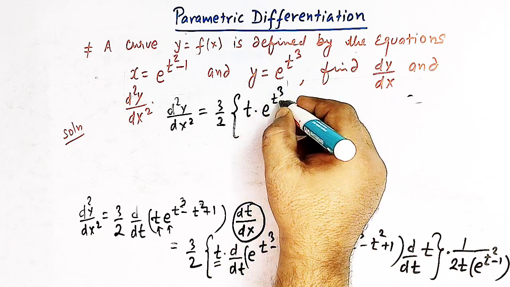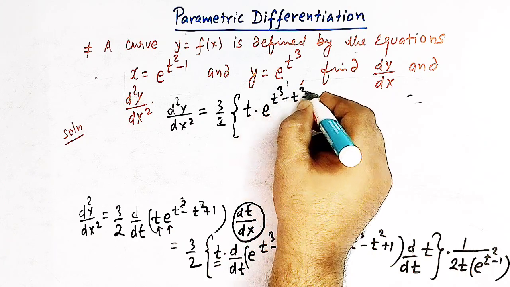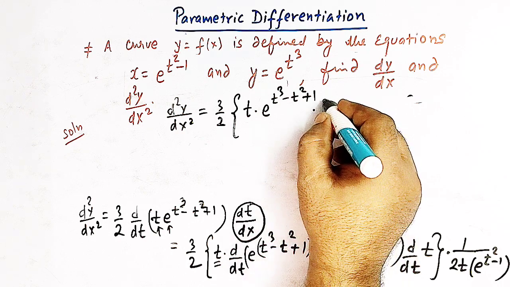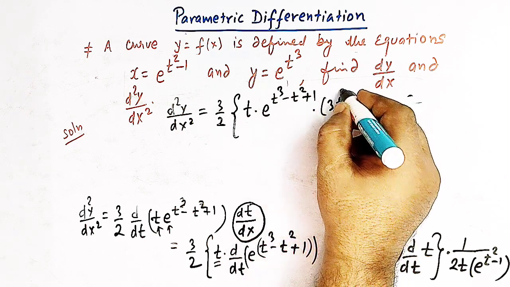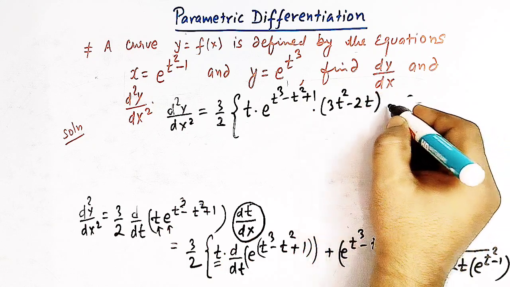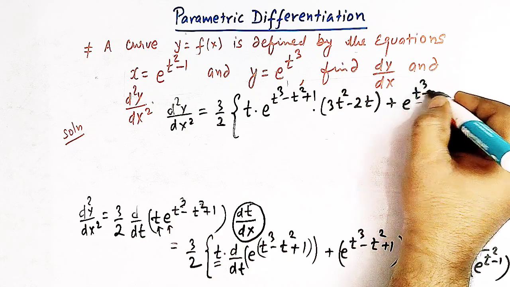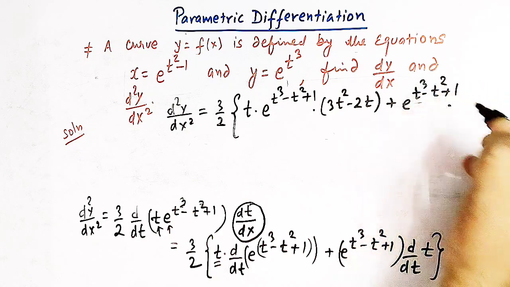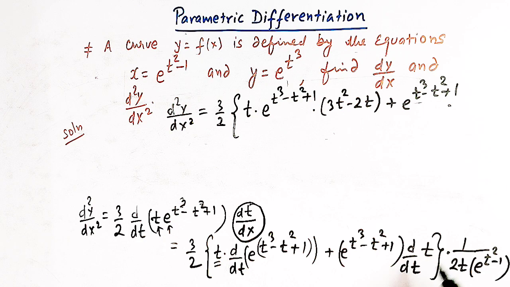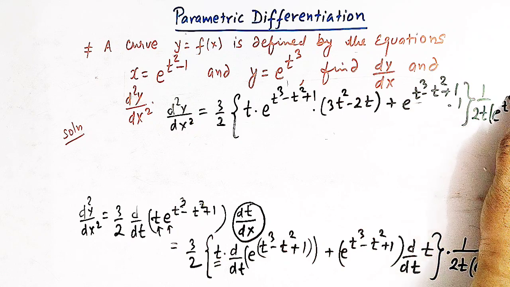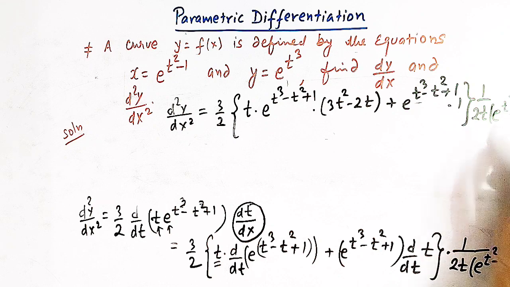So we have e raised to t cube minus t square plus 1, and then by chain rule the derivative of t cube minus t square plus 1 is 3t square minus 2t, and then we have here e raised to t cube minus t square plus 1 times the derivative of t with respect to t, which is 1, and here we have 1 over 2t and e raised to t square minus 1.